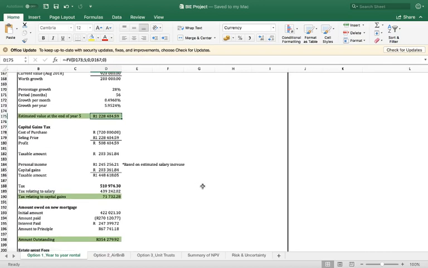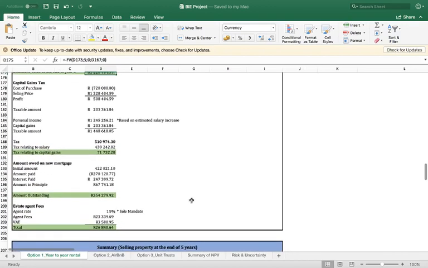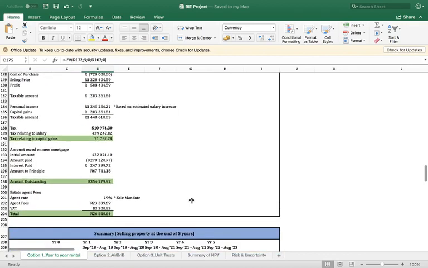Next, we need to calculate the tax relating to the capital gains, and this is found to be equal to around 72,000 Rand. The amount owed on the refinancing mortgage is found to be 335,000 Rand after 5 years.